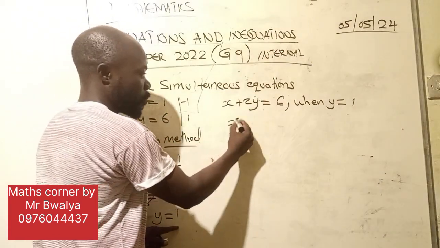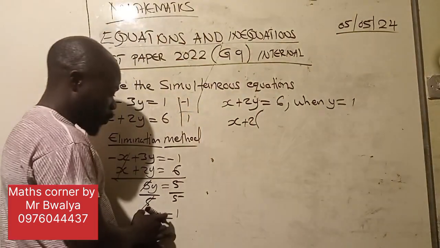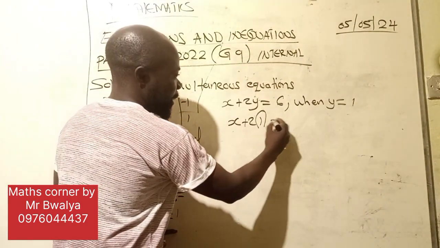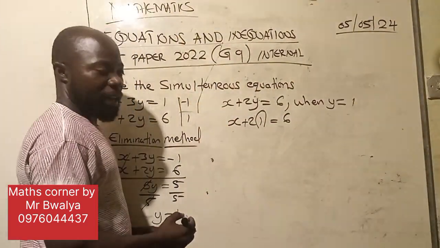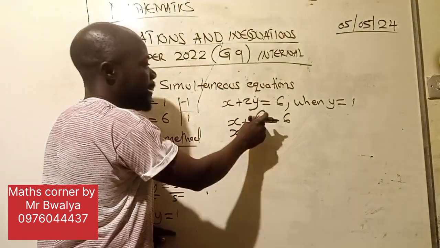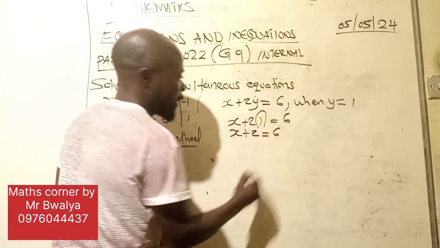So we say x plus 2 open bracket, where there is y we are going to put 1 there, is equals to 6. Are we together? Then x plus 2 times 1, that will give us 2, is equals to 6.